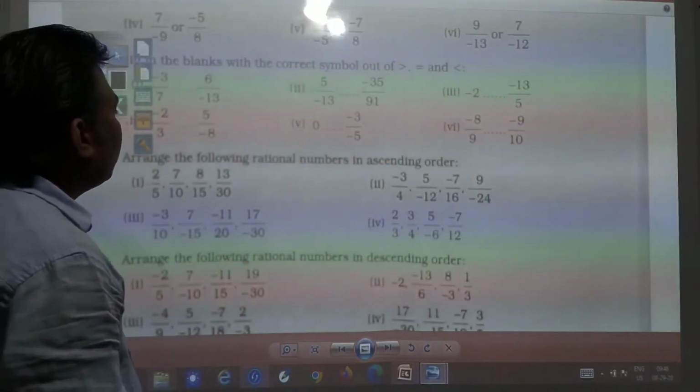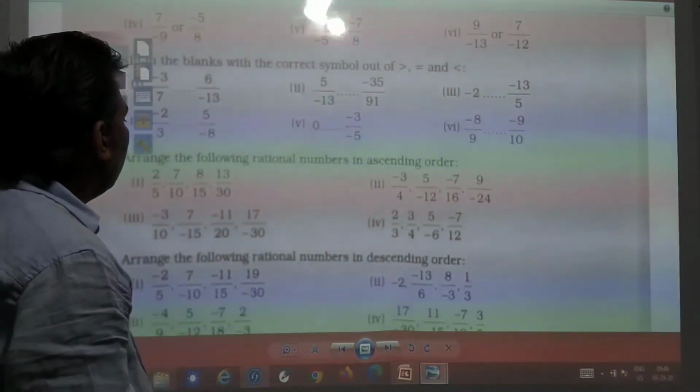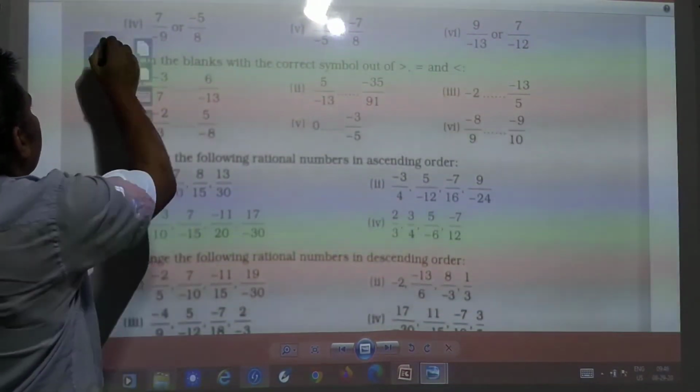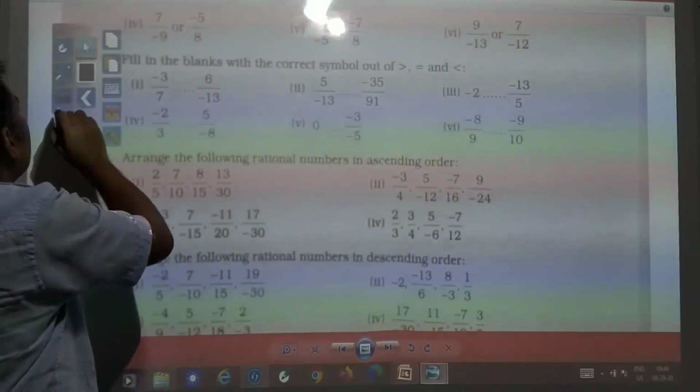Next, arrange the following rational numbers in ascending order. For this also the same thing is required to be done. You need to compare the numbers.